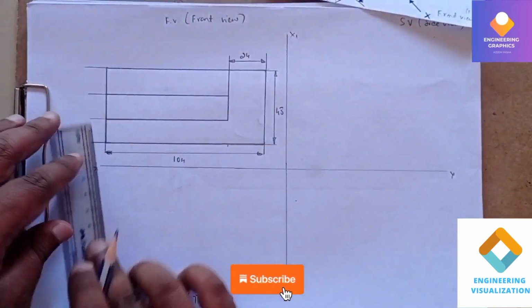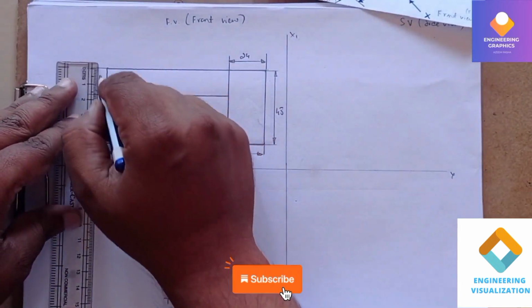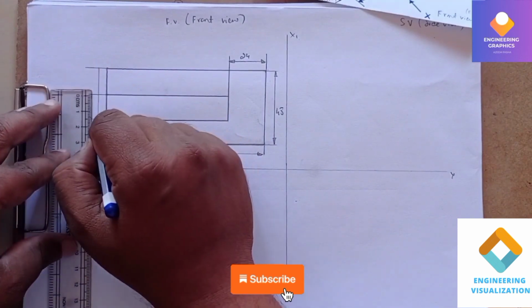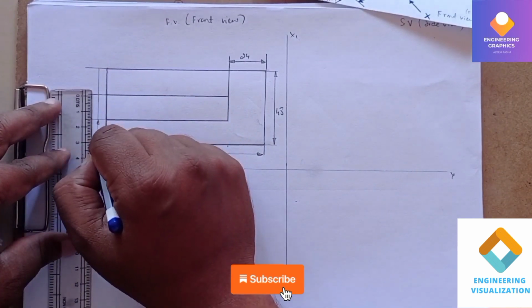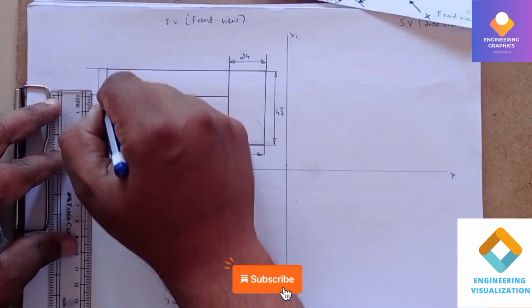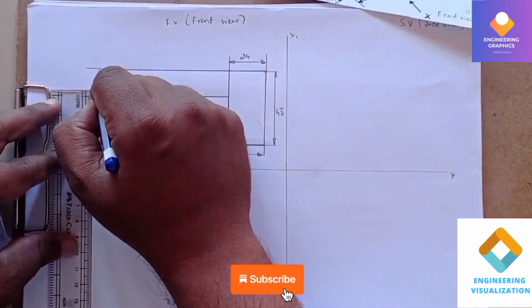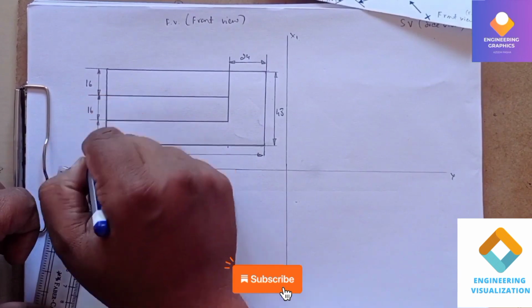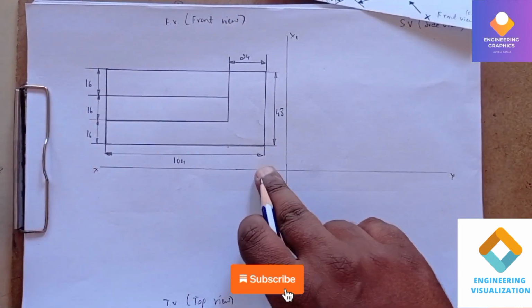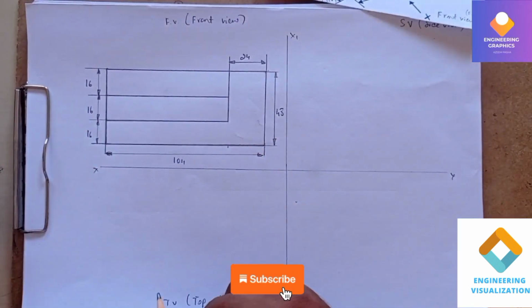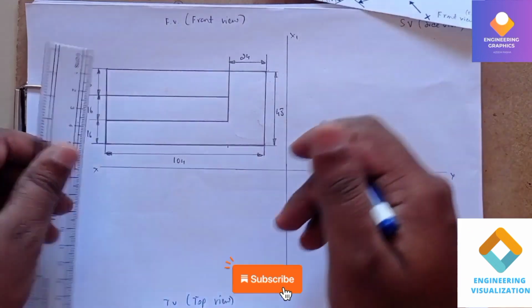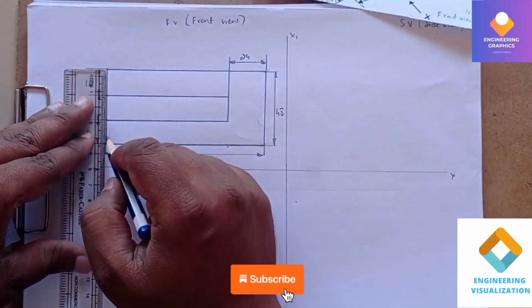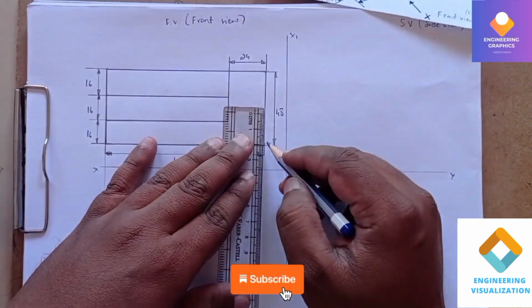However it is there in the front view, we are showing the dimension. So dimension of 16 we should mention. Okay, so we will project the lines here. We will draw the projection lines downward to draw the top view, because we know that these things are occurring in collinear.